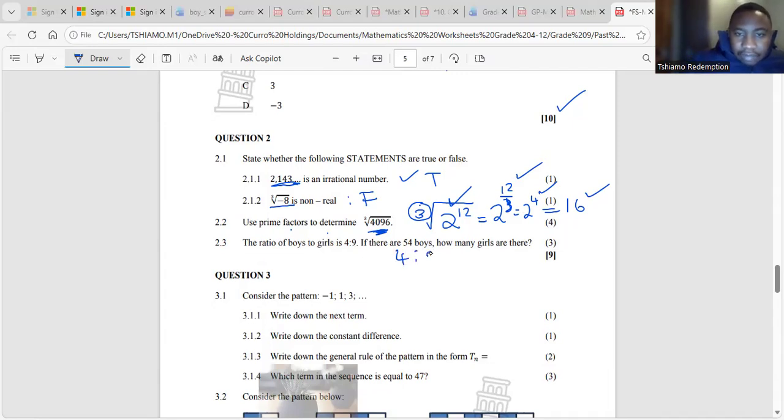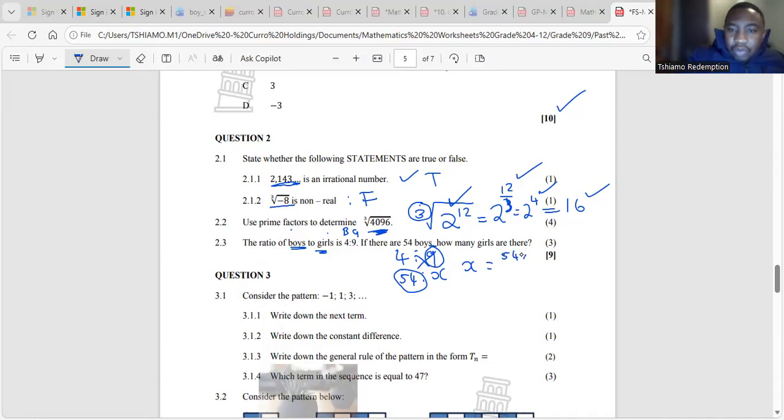The ratio of boys to girls is 4 to 9, so there are 4 boys and 9 girls. If there are 54 boys, how many girls will there be? So what are we going to do? Cross multiplication. x will be multiply this 2 and then divide by that 1.